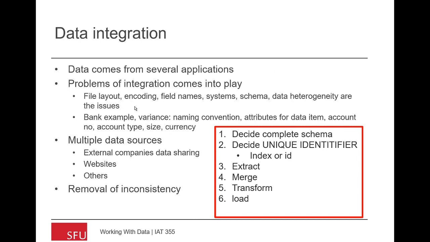Things like file layout, encoding, dealing with field names, systems, schema, and to some degree what's called data heterogeneity are big issues. Data heterogeneity really means that one application stores the kind of information that you're looking at in one method using one suite of names, and another application that does the same kind of thing stores its information with a different kind of naming scheme and a different kind of organizational idea.